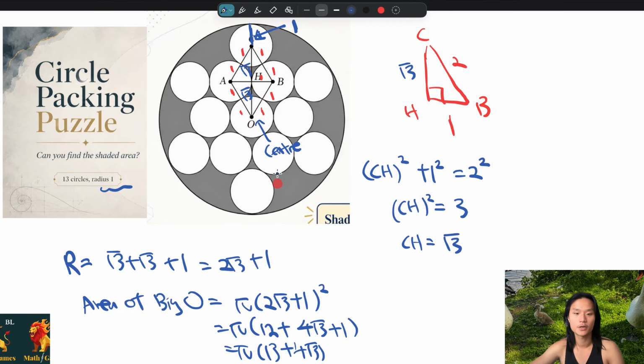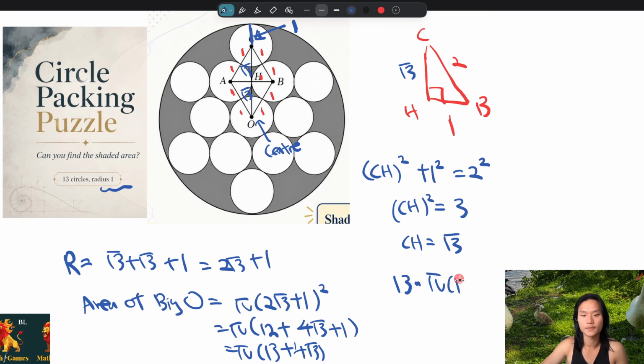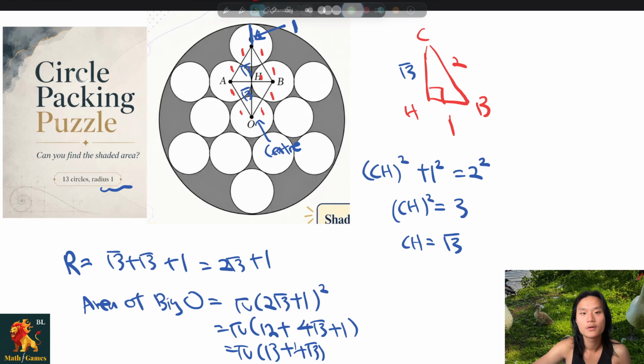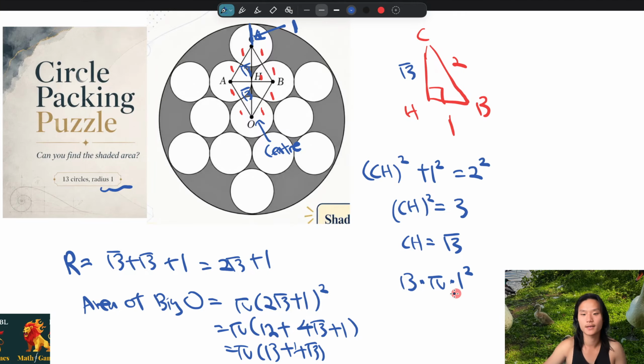So at this point, we now want to find the area of those 13 circles of radius 1. Well, that's just 13 times pi times 1 squared. So that is just 13 pi.